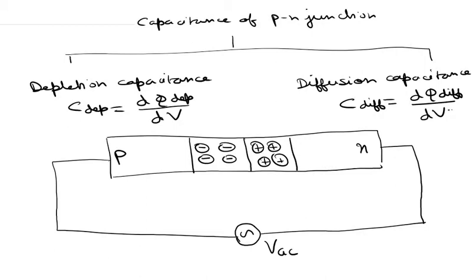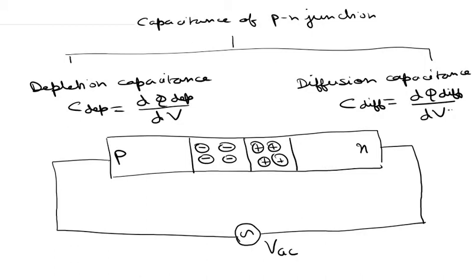On the other hand, if the applied voltage varies so fast that this depletion charge and this diffusion charge cannot change in response to the applied voltage, then the diode acts as a short circuit, just like a capacitor. In a capacitor, if we change the voltage at a slower rate, the capacitor basically behaves as an open circuit, and if the applied voltage is changed very fast, then the capacitor basically behaves like a short circuit.